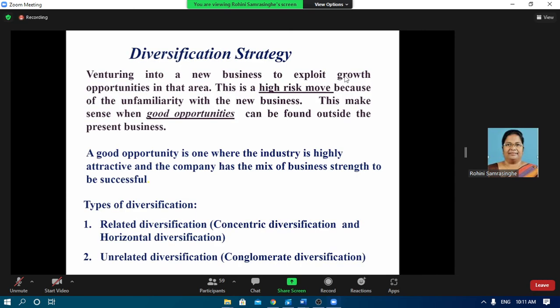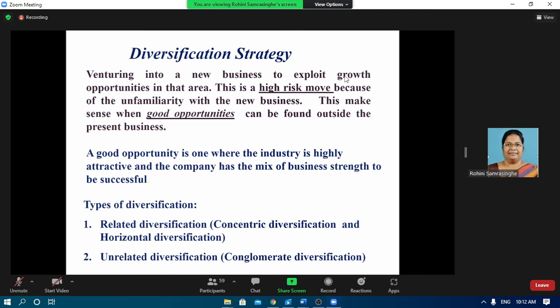It is very easy for you to understand. Most of the time diversification strategies carry high risk because of normal unfamiliarity with the new business, because it is a new product with a new market, right? You can remember Ansoff's product market grid. The fourth cell mentions the diversification strategy under the new product with the new market, right?